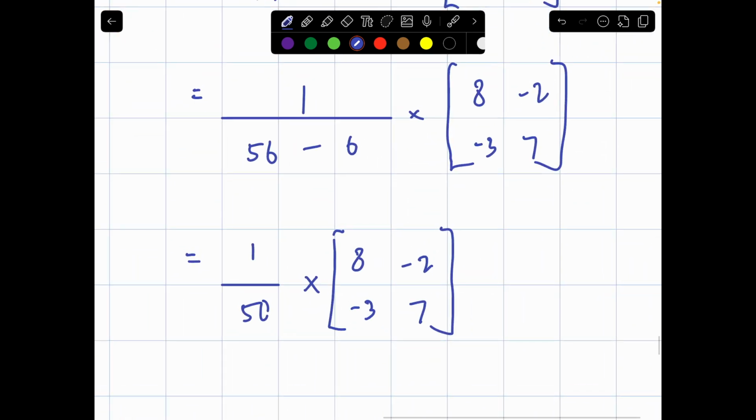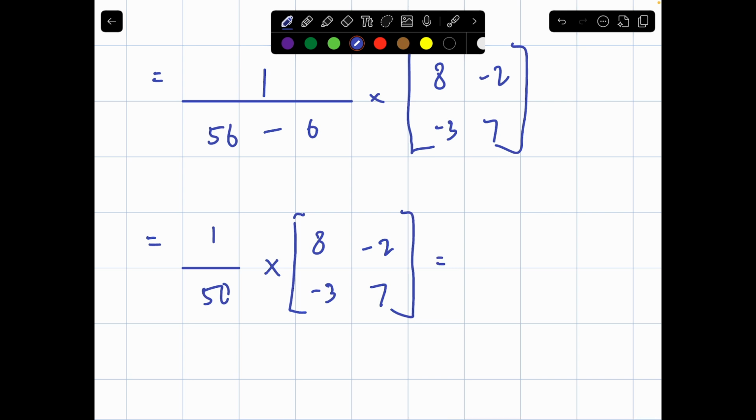So if you would expand it, you would get an answer of 4 over 25, negative 1 over 25, negative 3 over 50 and 7 over 50.